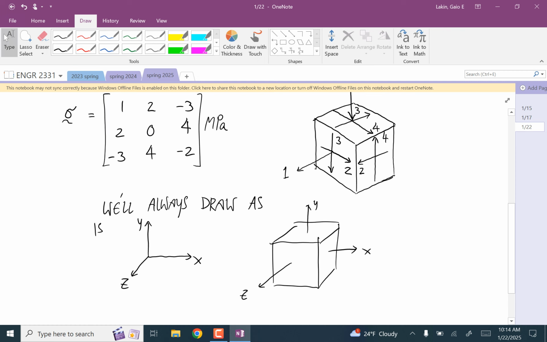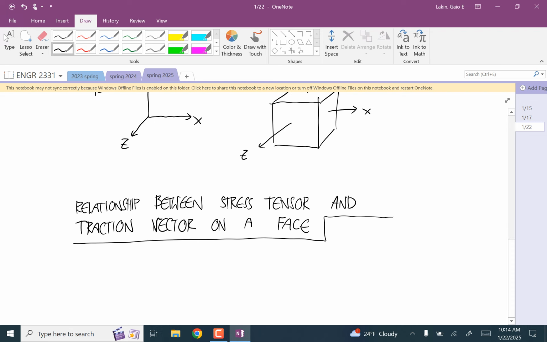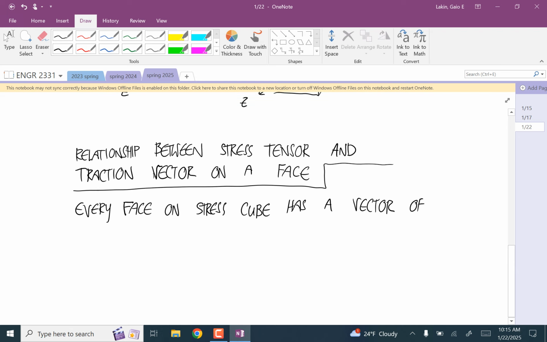So notice that on the stress cube, you always have a vector of force per area. So every face on the stress cube has a vector of force per area acting on it.